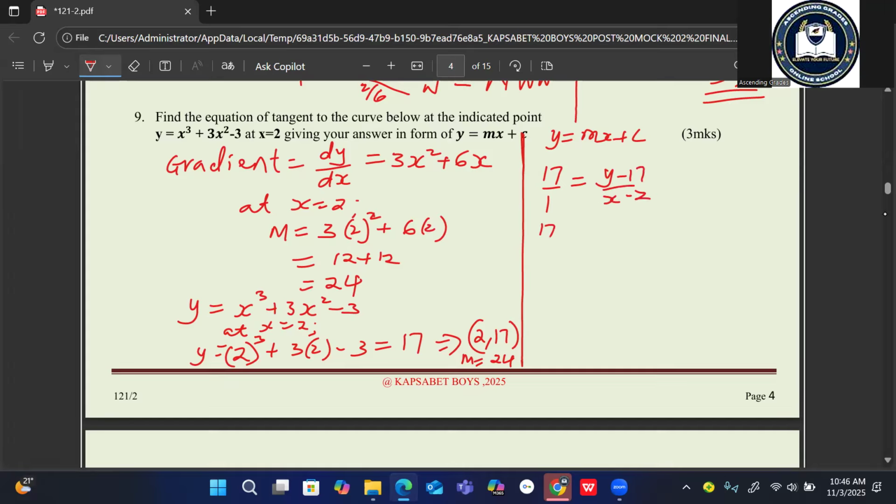So 17x minus 34 is equal to y minus 17. So y is equal to 17x minus 17 plus minus 17.